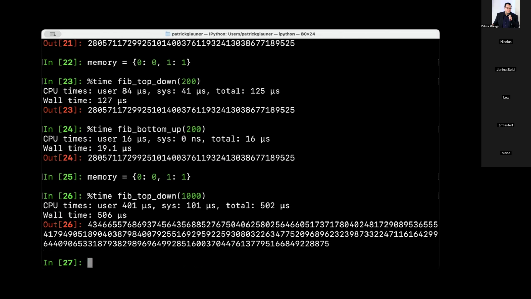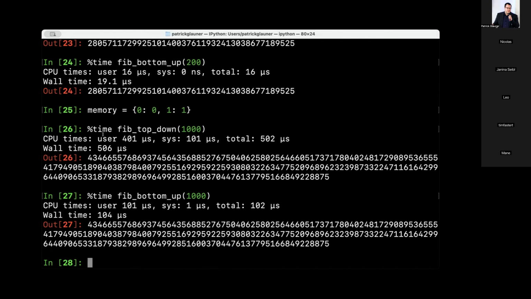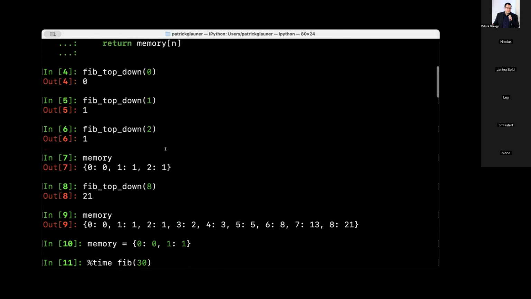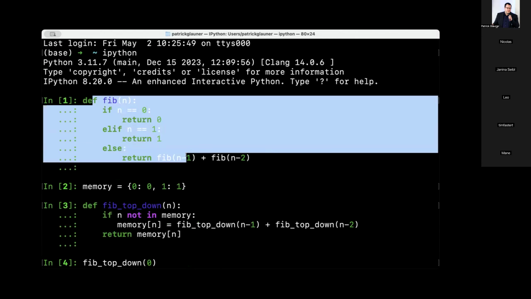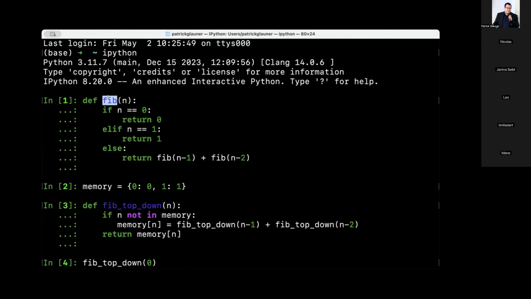Let's see if this works. 506 microseconds. And the bottom up should run much faster. Yeah, so factor 5 here now. Obviously, if you go back to the original implementation and you call this inefficient implementation on 1000, it will not finish in your lifetime.